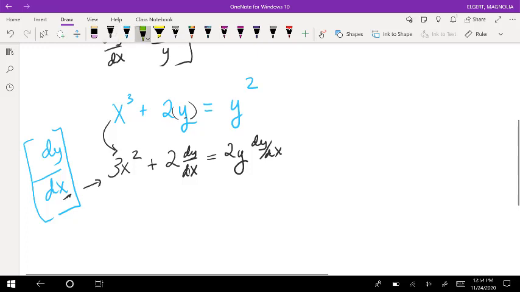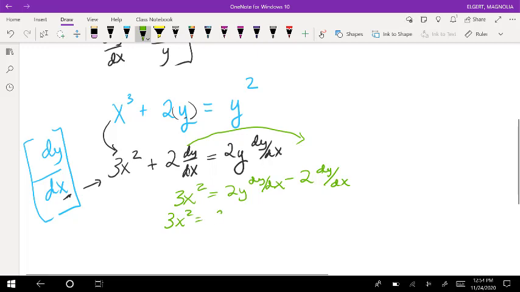Now we're going to do some algebra. So notice two terms have dy dx. So I'm going to slide this guy over here. I'm going to have 3x squared equals 2y dy dx minus 2 dy dx. A little algebra trick. They both have dy dx, and they both have a 2. I'm going to take 2 dy dx out, and I'm left with y minus 1.